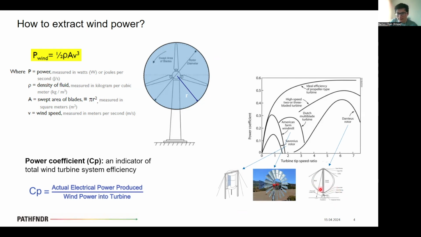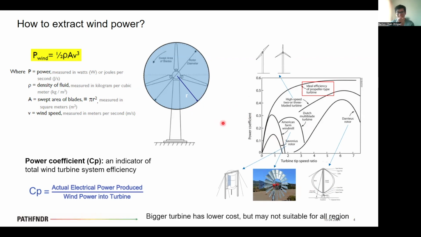But the most typical one you'll see is the horizontal one, very big and tall, usually with 3 blades, but sometimes 2 blades. That is by far the most efficient wind turbine. You can extract more wind power, which means the power coefficient is closer to the ideal power coefficient curve. So that is roughly about the wind turbine.